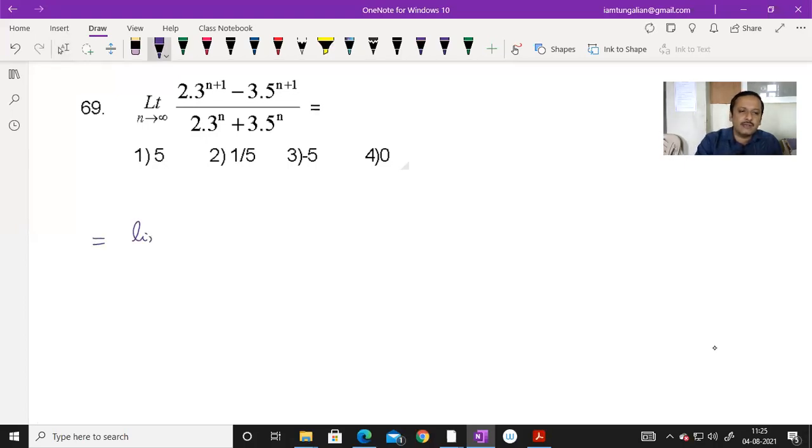Limit n tends to infinity. 2 into 3 power n plus 1, I'll write that as 3 power n into 3, minus 3 into 5 power n plus 1, which can be written as 5 power n into 5, divided by 2 into 3 power n plus 3 into 5 power n.